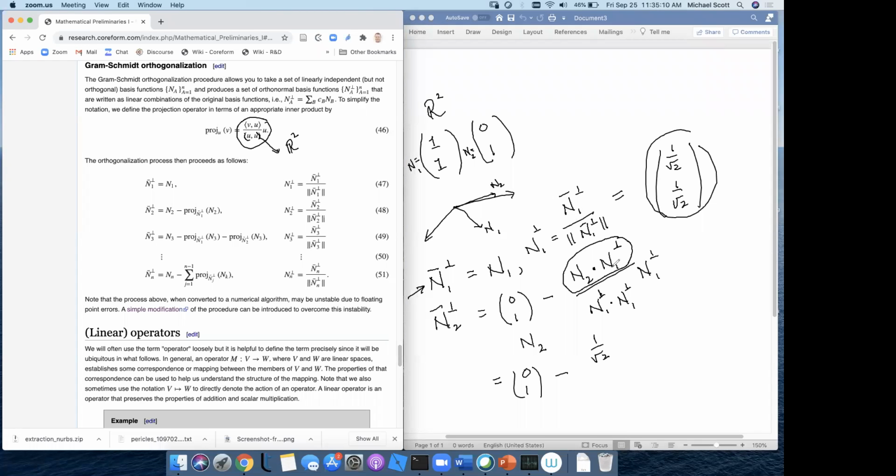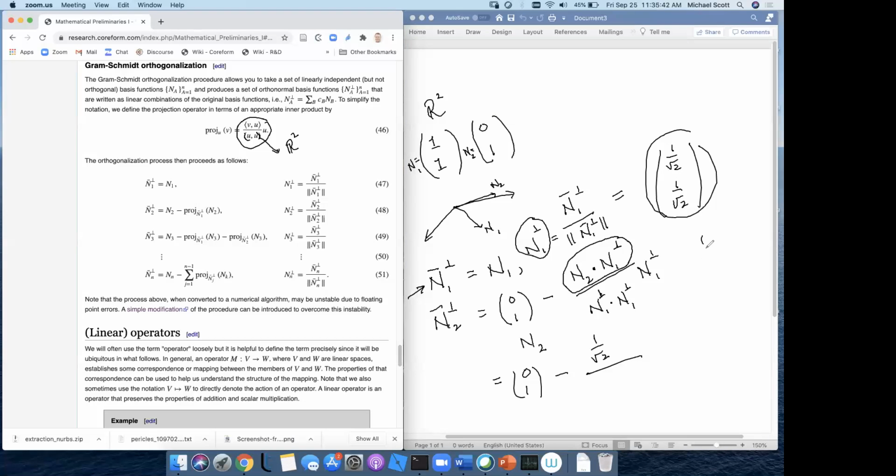Okay, that makes sense. So N2, which is 0, 1, dotted with N1 perpendicular, what is the value? It's 1/√2, right? Everybody see that? If you dot these two vectors together, okay? And then that's going to be over just the dot of these two vectors with one another.